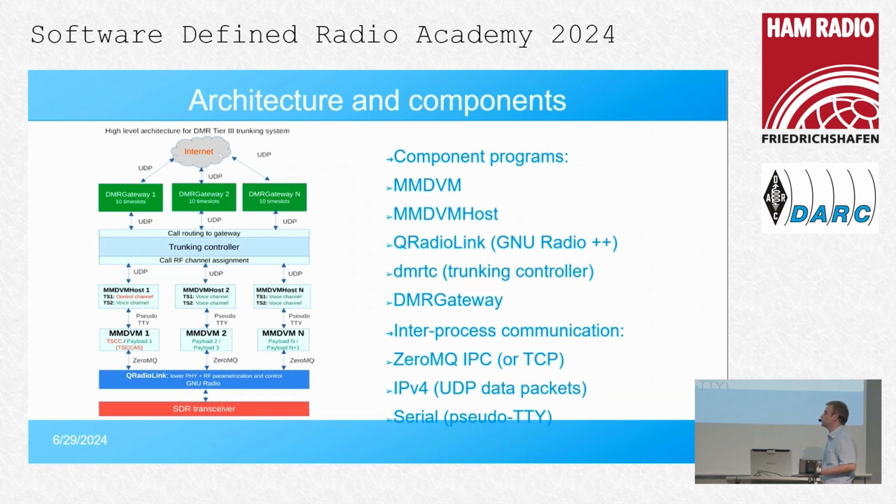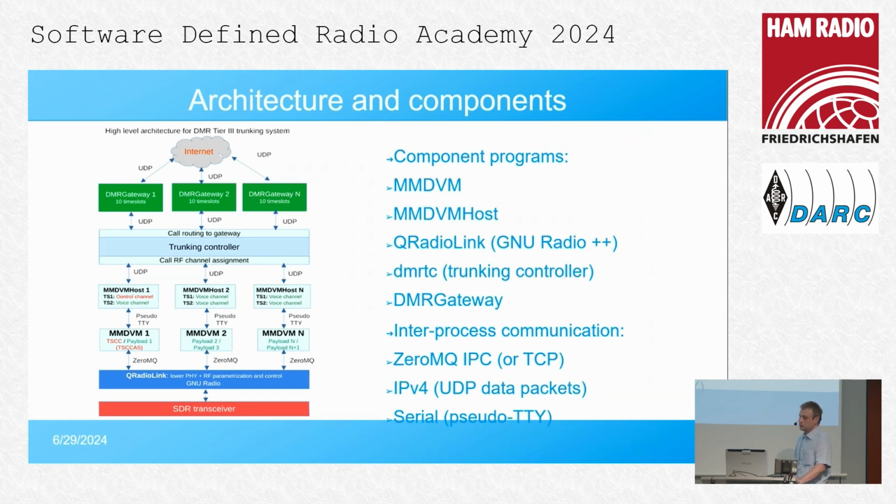But you will have to note that in this case, we have multiple program instances of both MMDVM and MMDVMHost. You may be familiar with the regular repeater or the regular hotspot. In our case, we have multiple program instances running in parallel on the same host, or perhaps on a different host. I'll get into that a bit later.